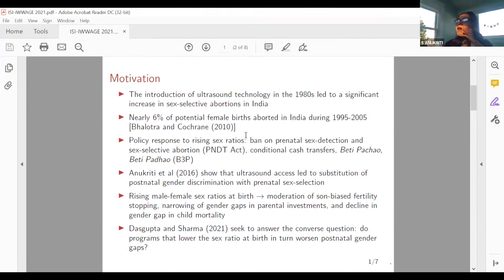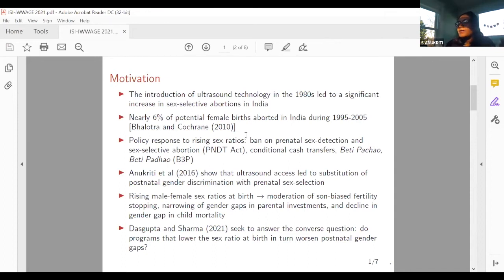What we find in one of the papers I have with Sonia is that when ultrasound technology became available, it enabled parents to switch from postnatal discrimination to prenatal sex selection. Son preference in India is not new, and gender discrimination is also not new. All these things were happening before ultrasound technology became available, but what it did was enable parents to do that before the child was born.